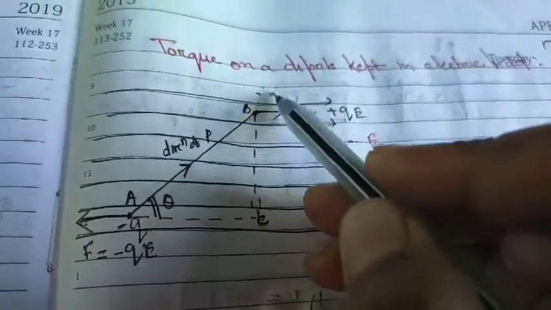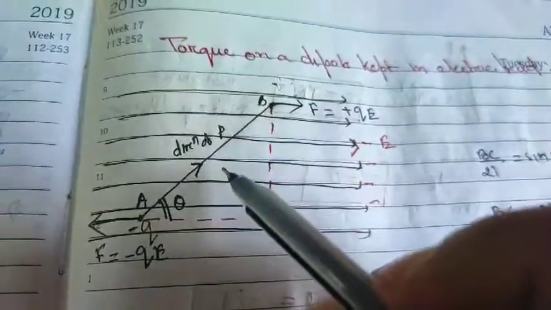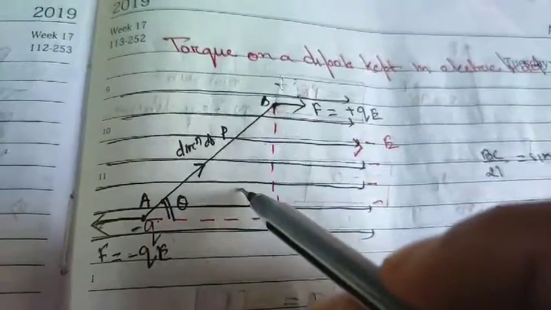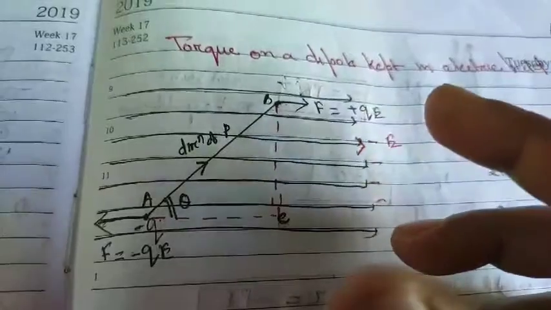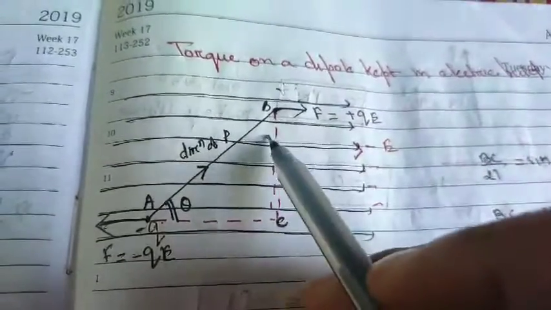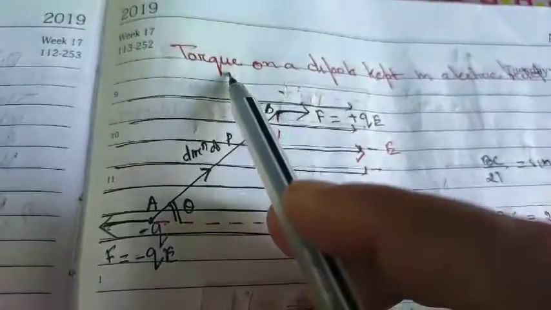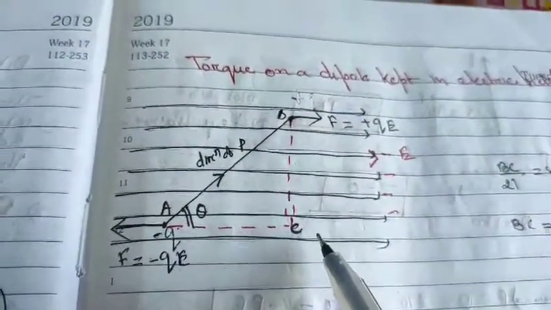Once I kept the charges in the electric field, there is a creation of force which turns the charges, and once they turn, it creates an effect, that is torque. So how can we find out the value of the torque?